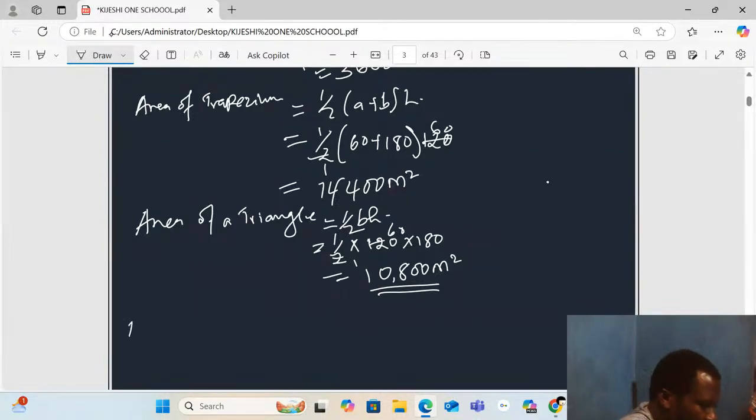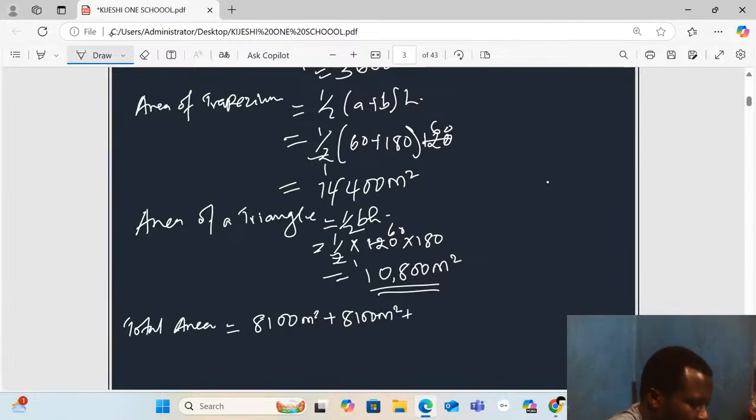Now you have to take the total area. Total area will be equal to, we start with the first one, A, which was 8,100 square meters, plus 8,100 square meters, plus 3,600 square meters, plus 14,400 square meters, plus 10,800 square meters.